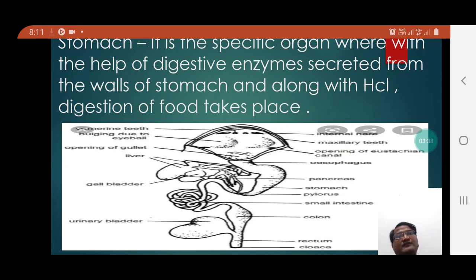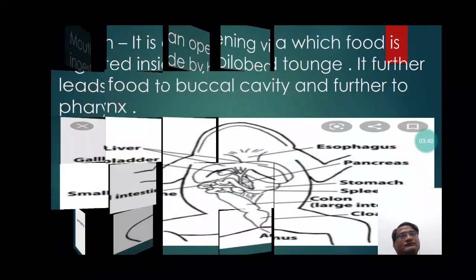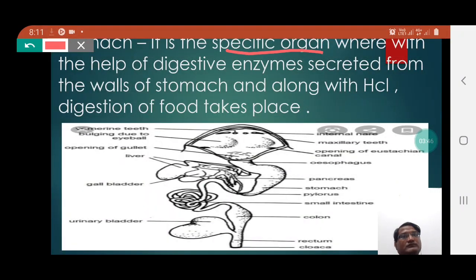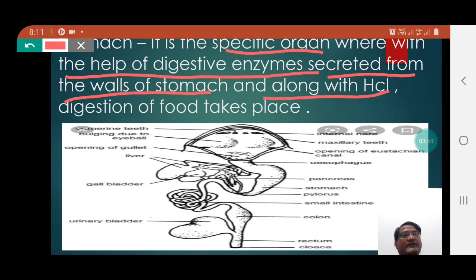So, students, stomach actually is the specific organ where, with the help of digestive enzymes secreted from the wall of stomach and along with HCl, digestion of food takes place.